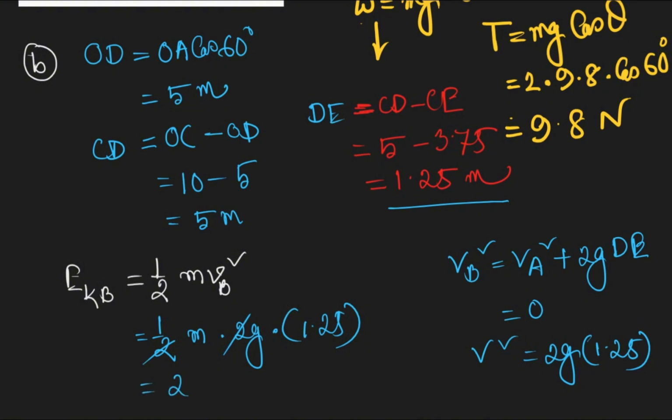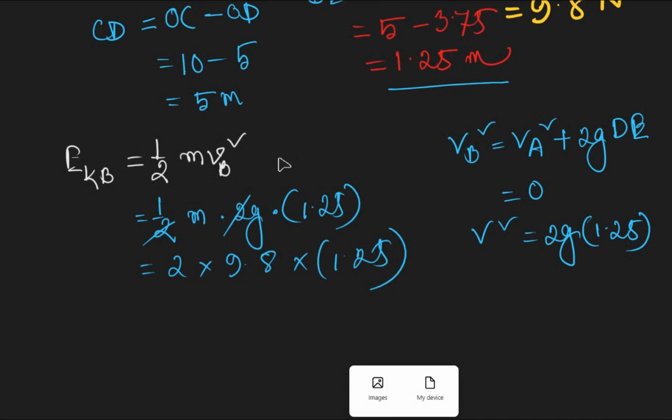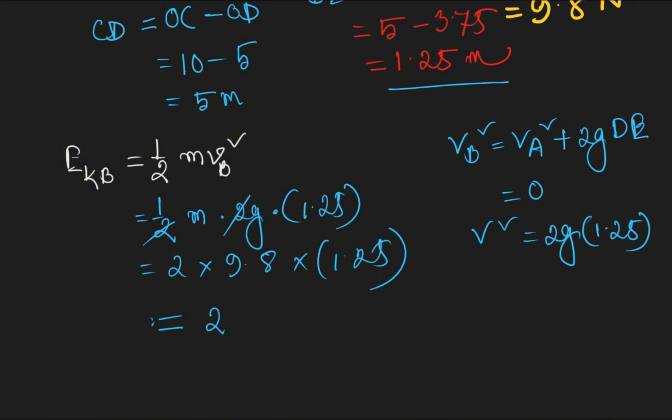The value of m is 2, g is 9.8, and 1.25. So the value will be 24.5 joule.